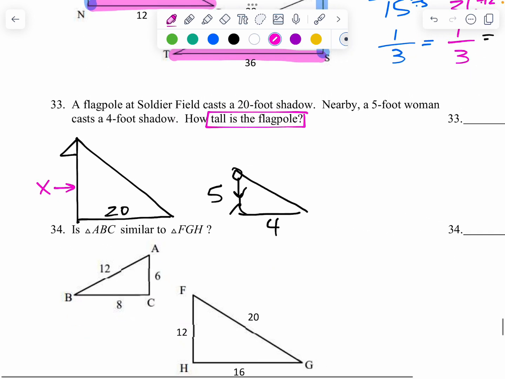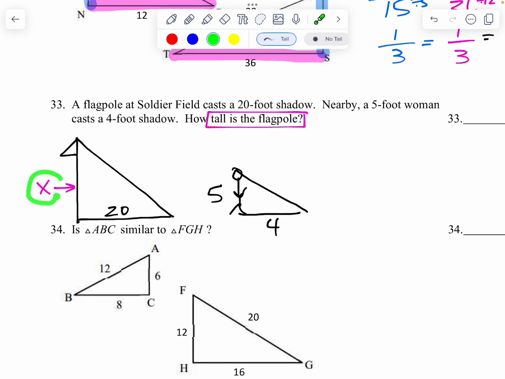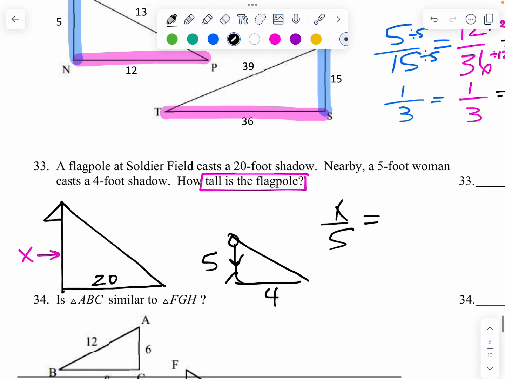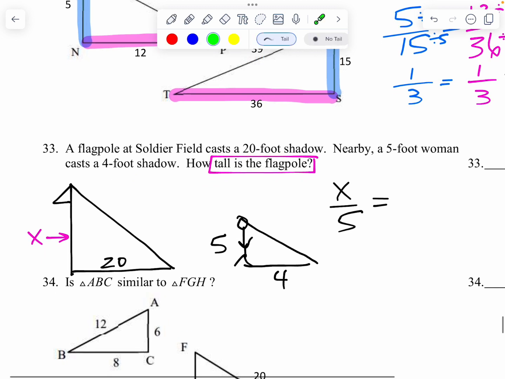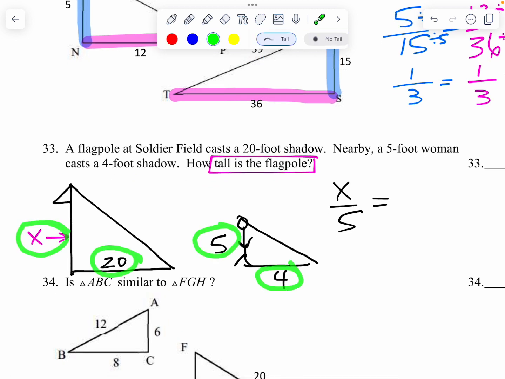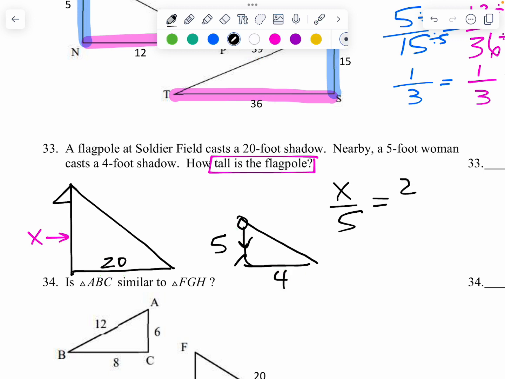And if you remember from number 31 that we did, we're going to make fractions, and I'm going to compare this side to this one, the height of the flagpole and the height of the woman. So X and 5, I'm going to make a fraction out of that. It doesn't really look like an X. Let me fix it. So I did X and 5, and I'm also going to do 20 and 4, and make sure that you keep them in the correct order.